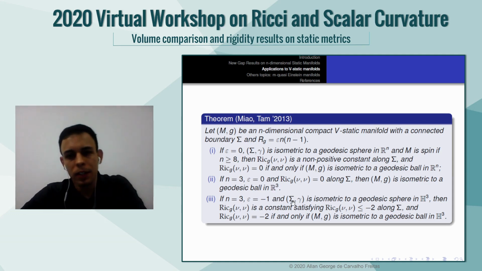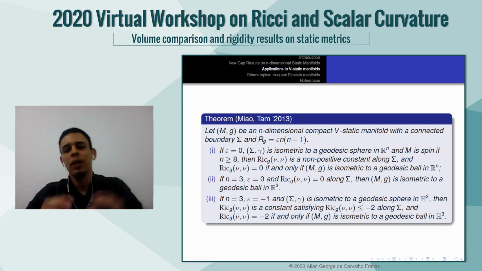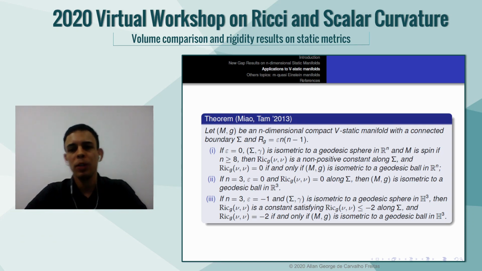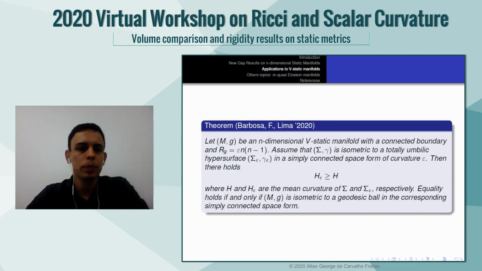In fact, the result here is a result for geodesic balls, where we can compare the geometry of the boundary of a V-static manifold and the geometry of a sphere, okay. In fact, we observe that we can extend this result to any dimension and also for any sign of curvature by this result, okay.